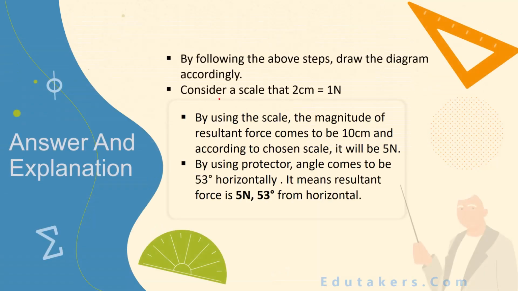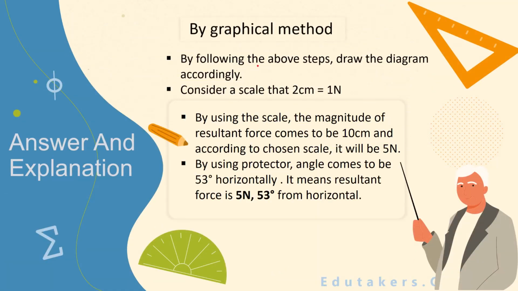So going back to the solution, by following the above steps, draw the diagram accordingly. Consider a scale that 2 cm is equal to 1 Newton. After drawing the diagram, by using the scale, the value of the resultant force comes to be 10 cm.